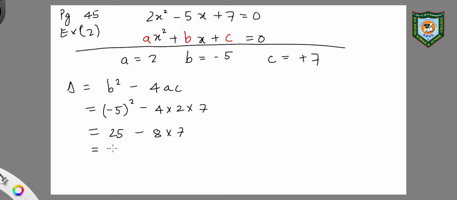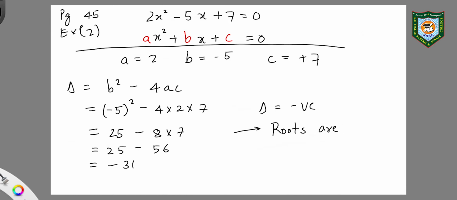So this is equals to 25 minus 8 times 7 is 56. This value is minus 31. So now that means delta is equals to negative, which implies roots are unreal, and therefore the quadratic equation will have no solution.